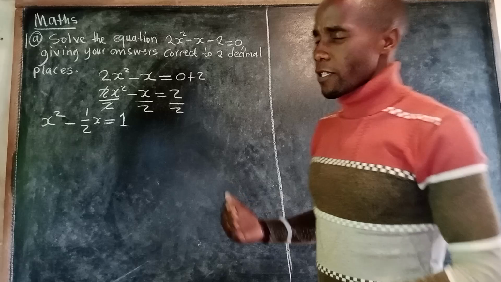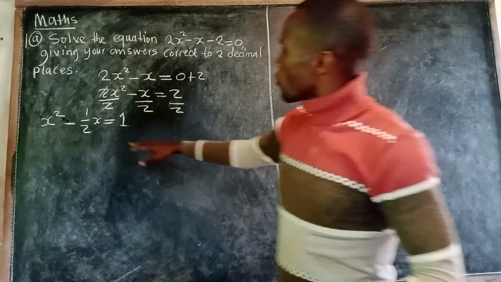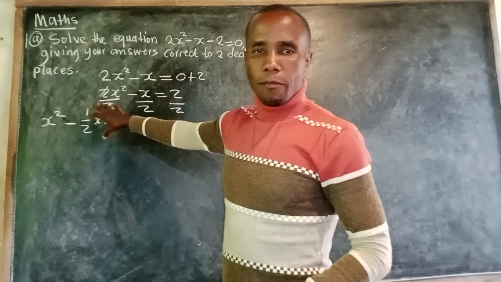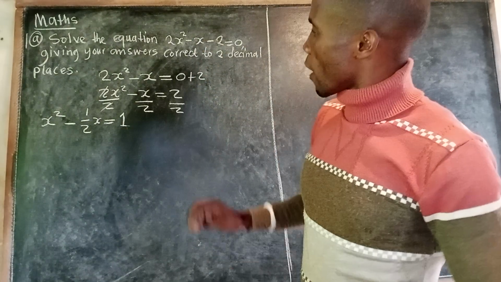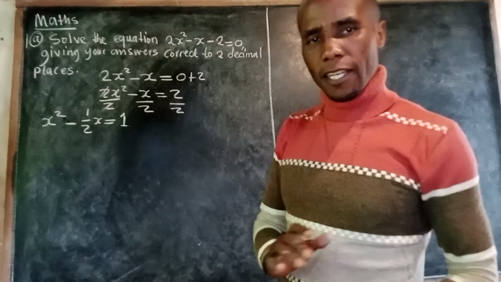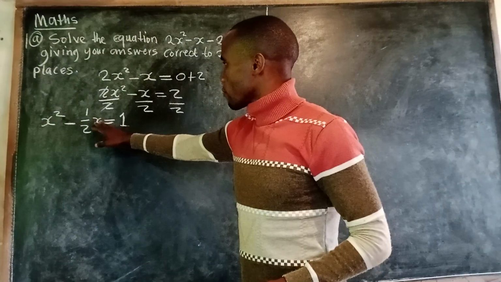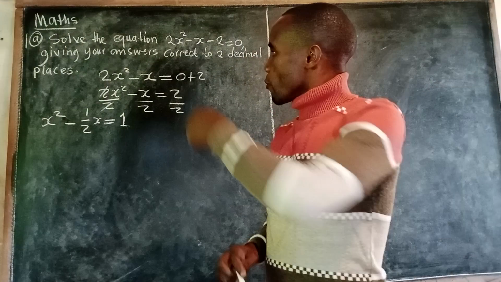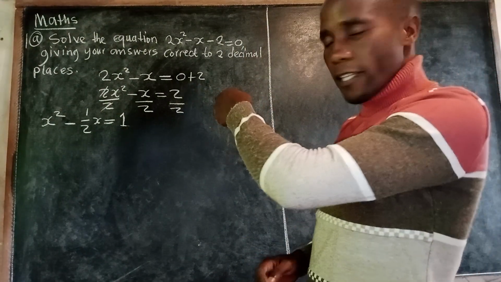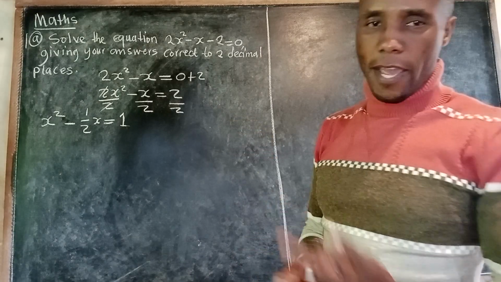Now what happens here is that you get the term which is raised to power 1, the x or any letter raised to power 1, like this one. That is the one that we are going to concentrate on. You get half of the coefficient of that term, then you square.